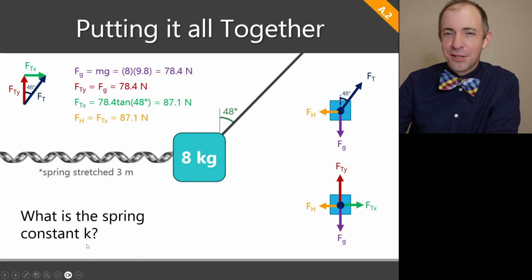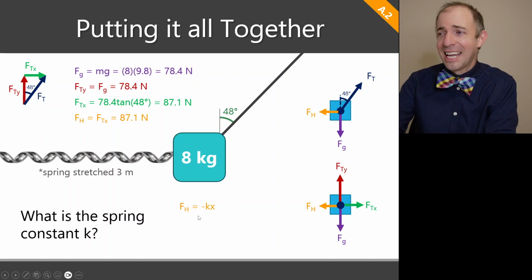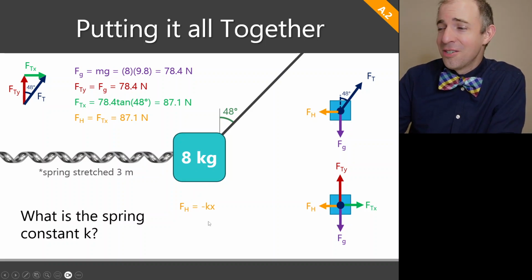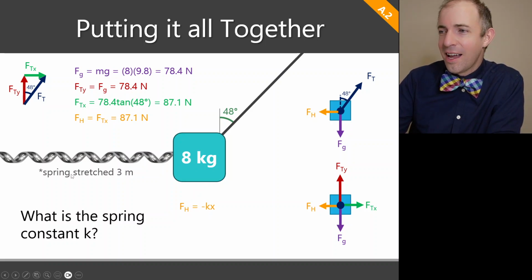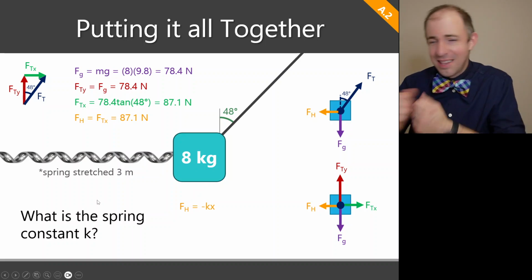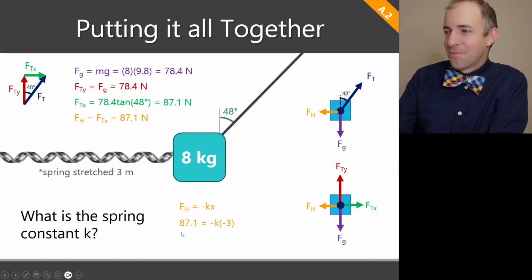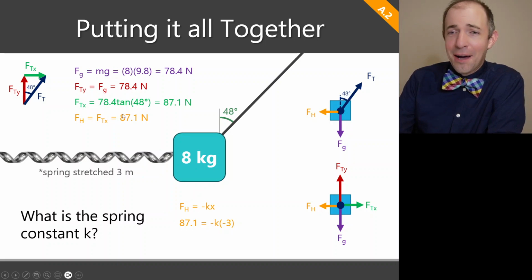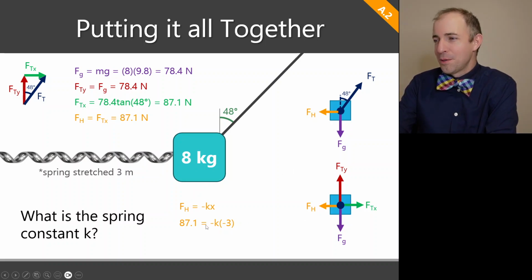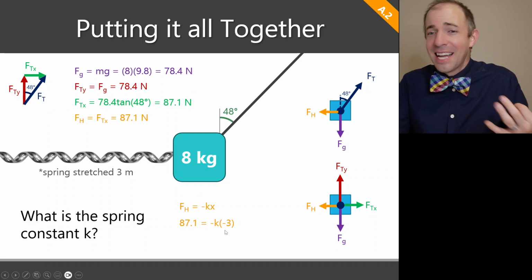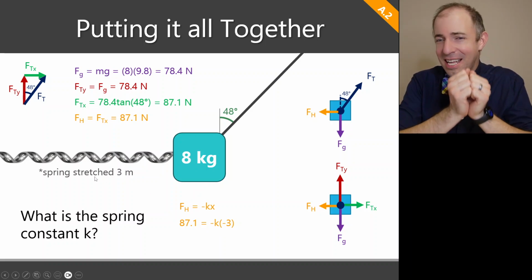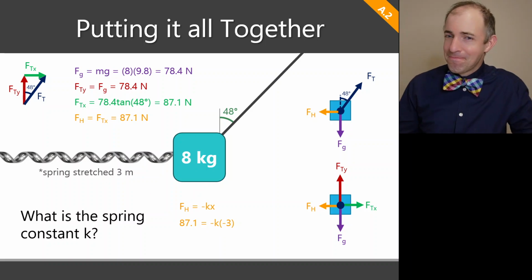Now I have enough information to find the spring constant K. This equation, FH, has the K constant in there, and the problem gives me that the spring is stretched 3 meters for this scenario. So 87.1, the value that we found, the horizontal force, is equal to negative K times, we're going to say negative 3, again, saying that we're stretching in the negative direction.